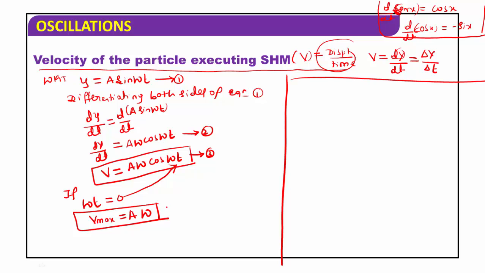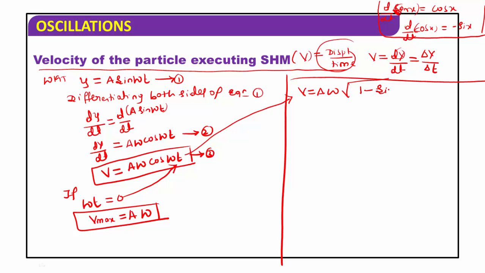Or you can write this equation in the form v is equal to A into omega. You know another trigonometric formula: cos theta is equal to root of 1 minus sine square theta. Now I can write this equation in that form.